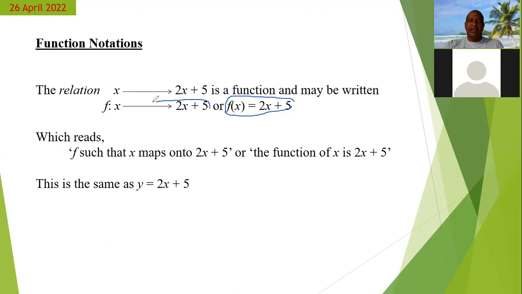When you write it with the mapping arrow, we read it as f such that x maps onto 2x plus 5. So those are the two different meanings for these two different forms.